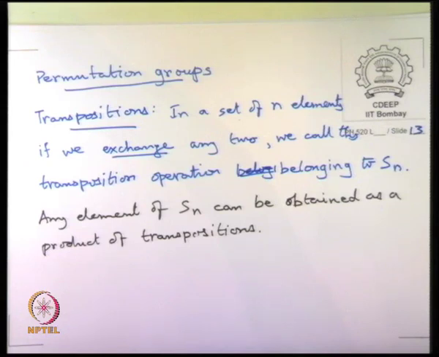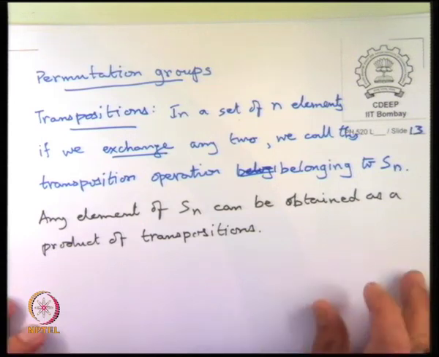NC2, right? I have to choose any pair. So, the NC2 transpositions generate all the n factorial elements of the Sn.